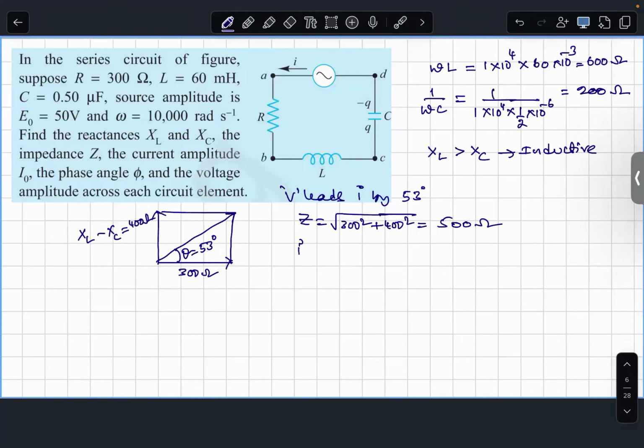What is the current amplitude? Current amplitude is voltage amplitude by Z. 50 by 500. 1 by 10 amps. Phase angle, everything I have determined.